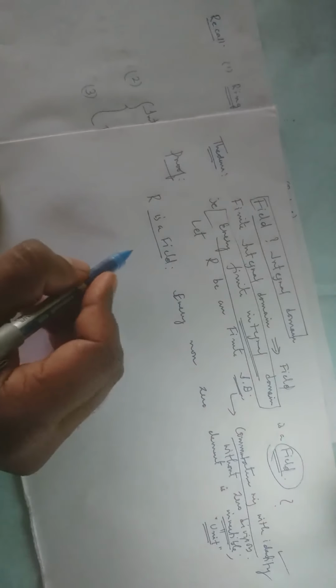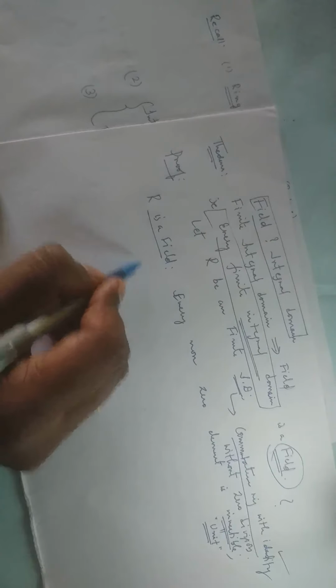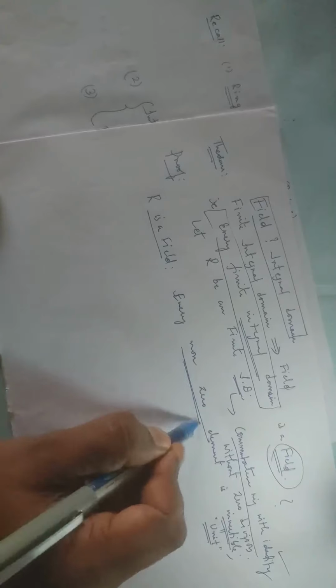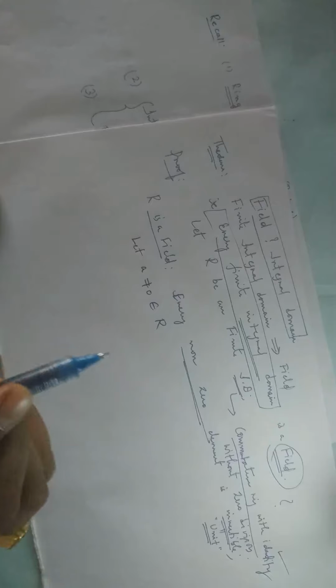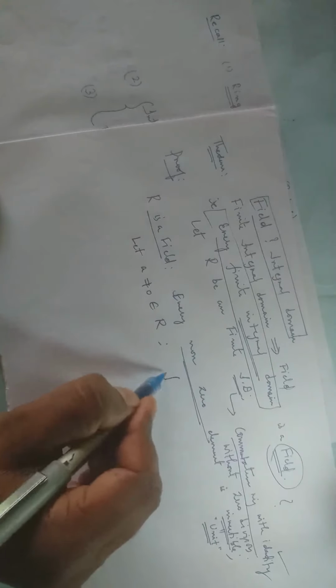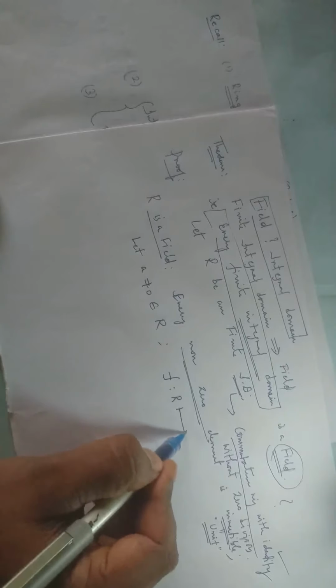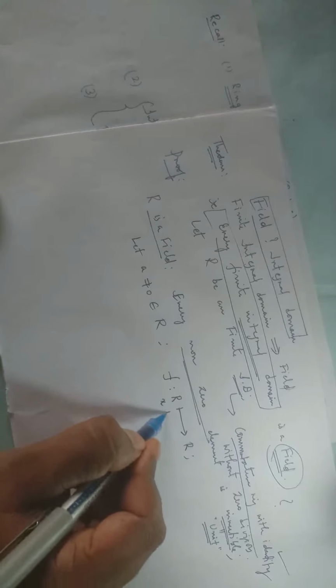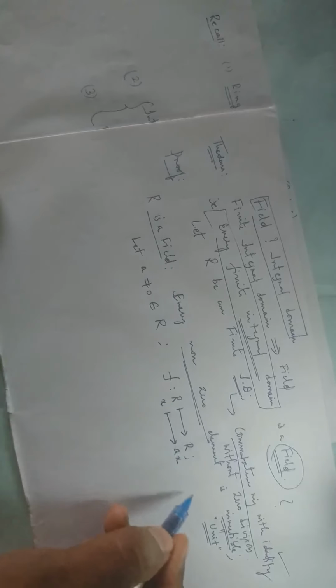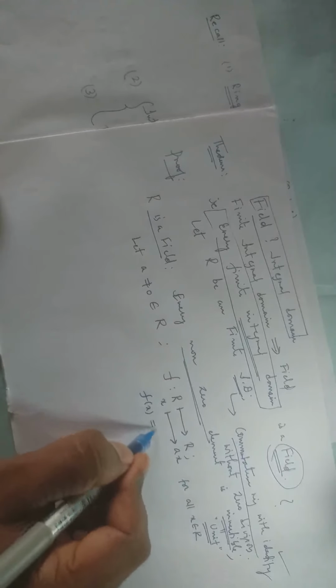Okay, so very easy. Try to understand this. Since my business is only with non-zero elements, let A be a non-zero element of the ring R, or else an integral domain R. Now I define a map F from R to R to be, if X is there, let it map to AX for all X in R. That is, F of X is AX.